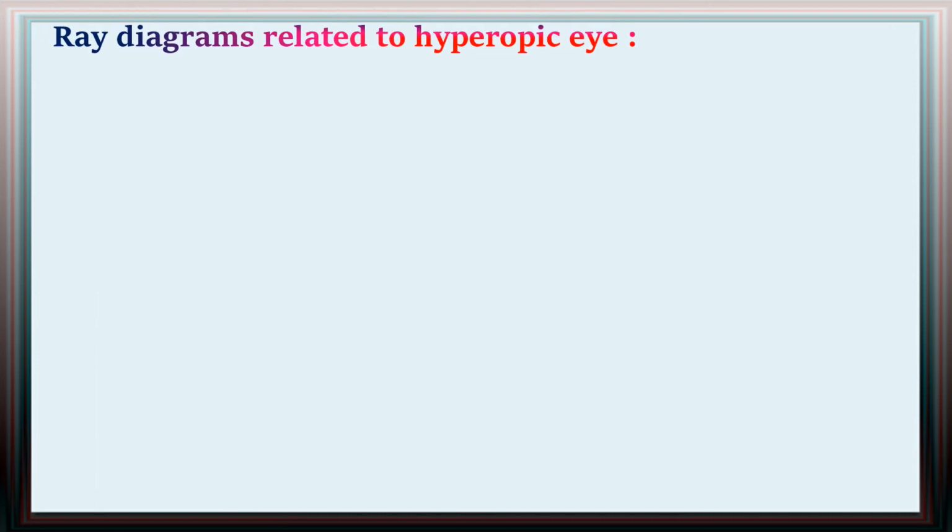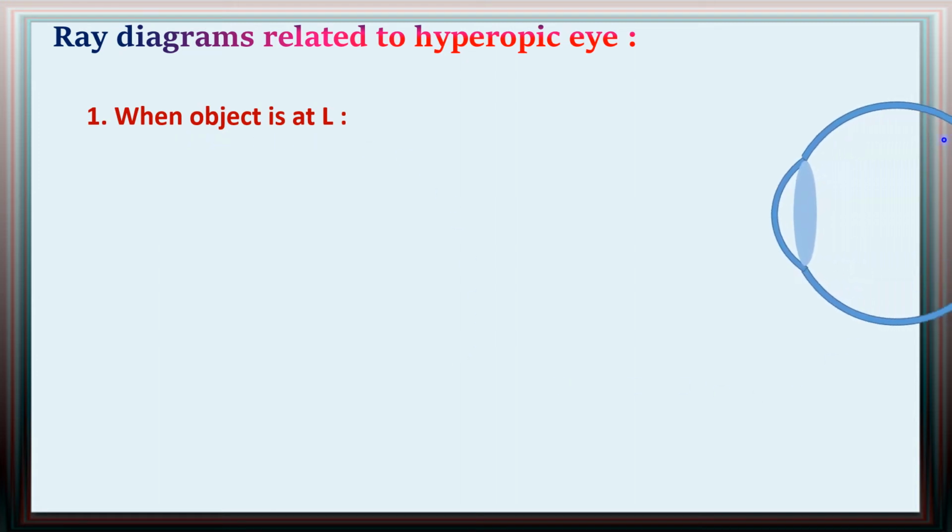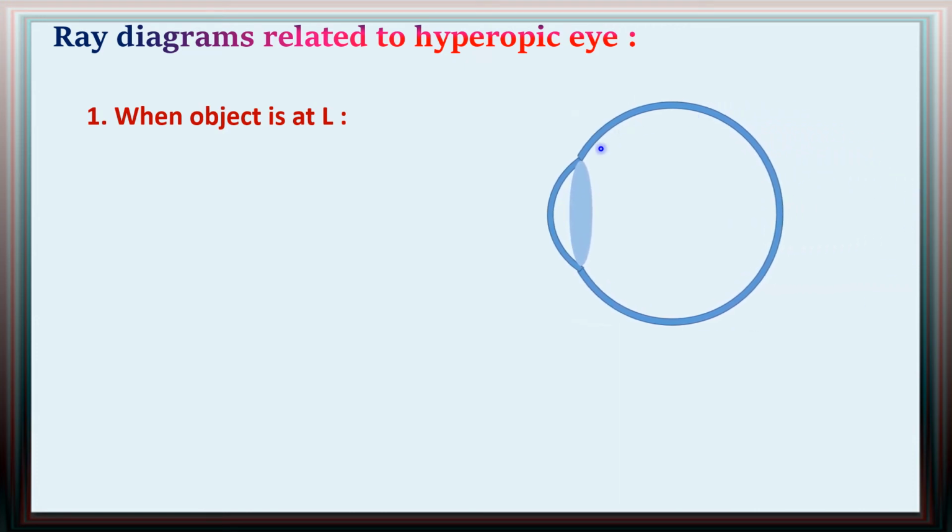Here, let us draw the ray diagrams related to the hyperopic eye. By using these ray diagrams, we can better understand the concept of hypermetropia. What is hypermetropia? The first ray diagram in the case of a hyperopic eye is when the object is at L, and this one is the hyperopic eye.